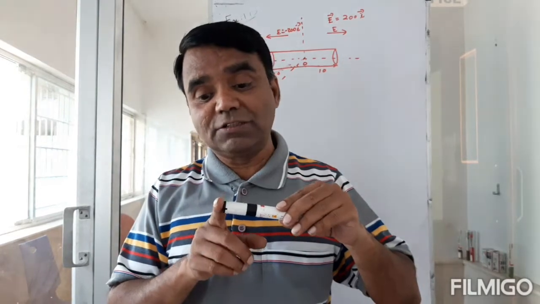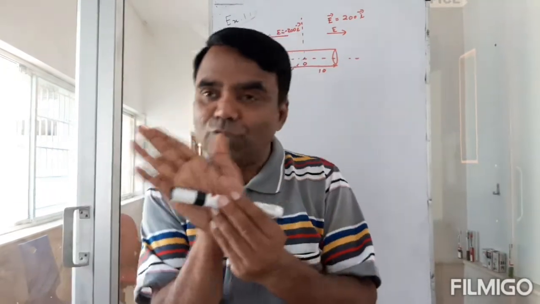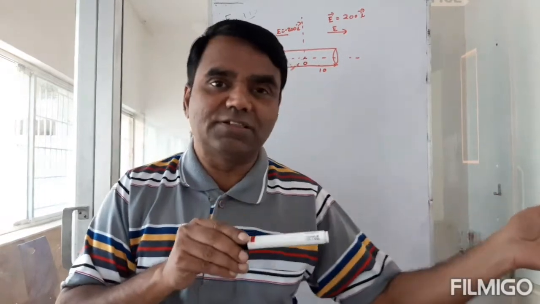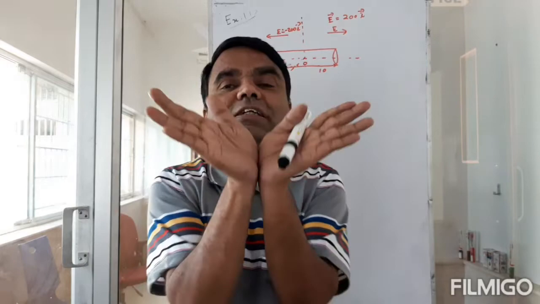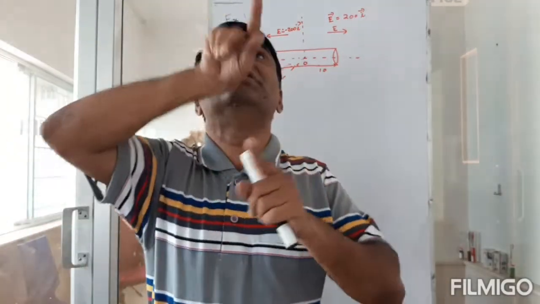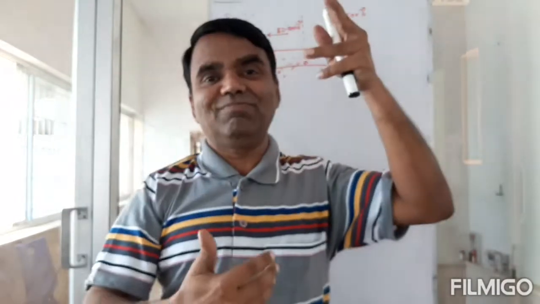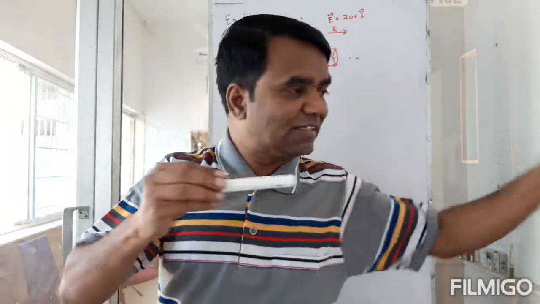But there can be flux through the flat surfaces. It's like a pipe: at the center, water is coming out and flowing through this side and this side. Water is not coming through the curved surface, because it's going in this direction and this direction.